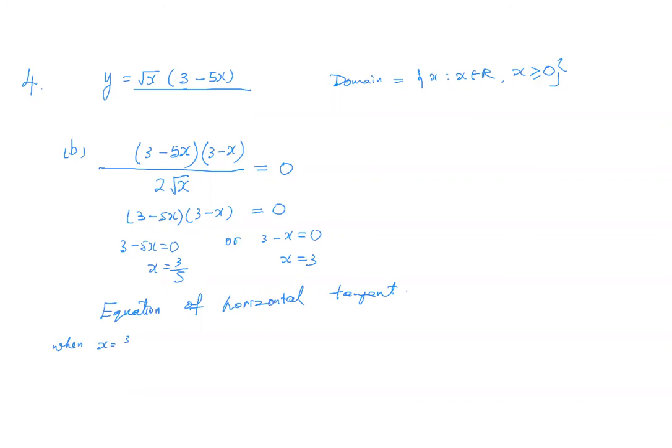Tell me what to sub. The square root of 3 over 5 times 3 minus 5 times 3 over 5. So I get 0. So y equals 0 is one of the horizontal tangents.